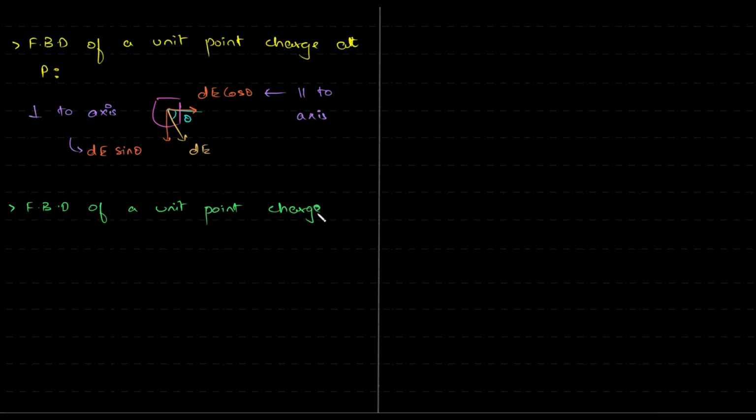Now, let's look at the free body diagram of the same unit charge at P itself. But now it is because of two charge segments which are diagonally opposite. Is that correct?